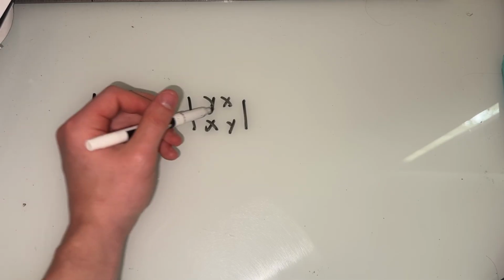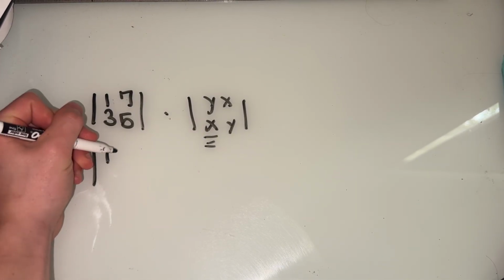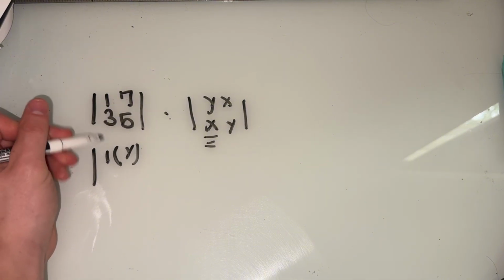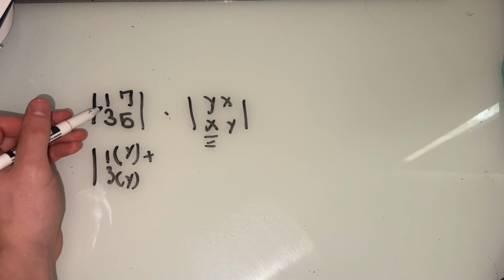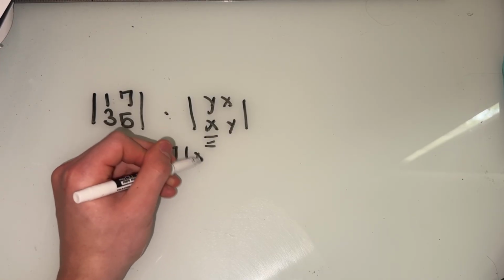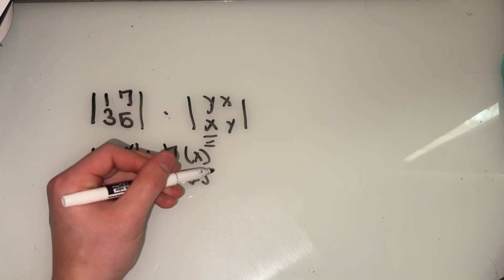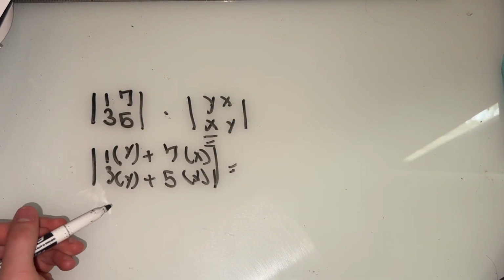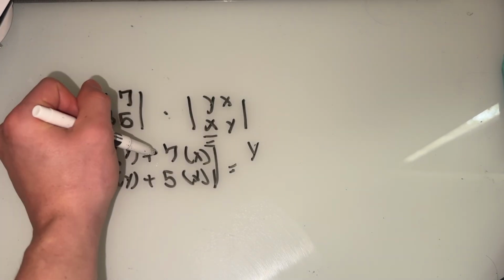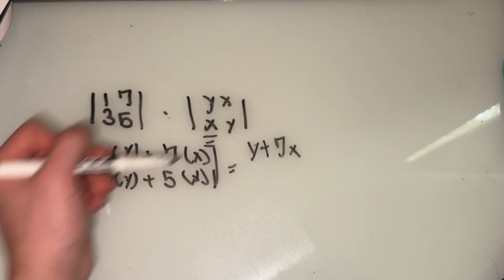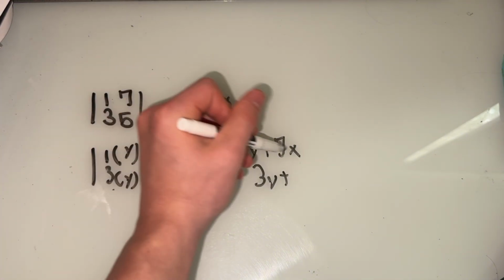So first, you're going to want to take this first column, 1 times y, 3 times y, plus 7 times x, and 5 times x, which equals y plus 7x and 3y plus 5x.